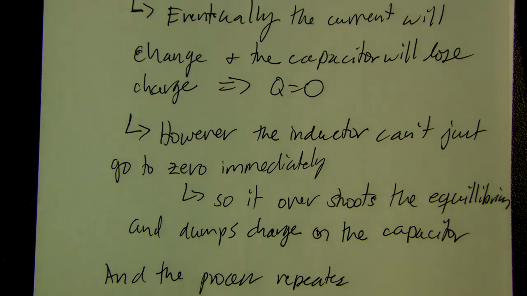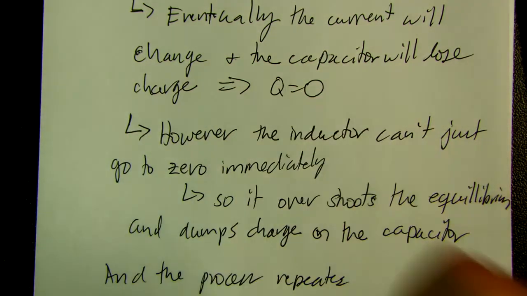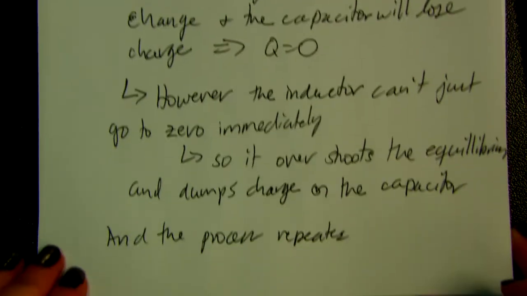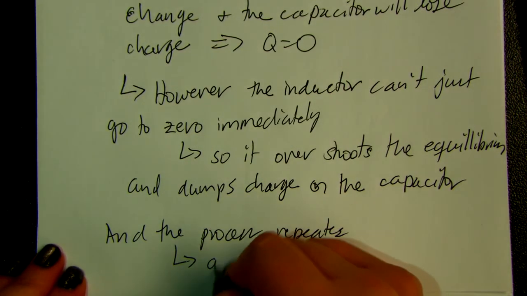And what we'll see is that you can relate this to the energy, and so you've got energy stored in the capacitor, energy stored in the solenoid. Okay. If there's no resistance, it goes on forever.